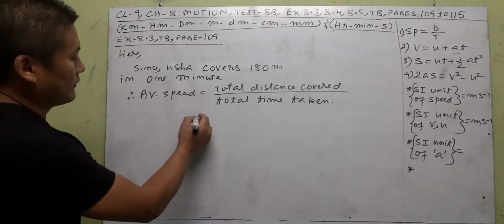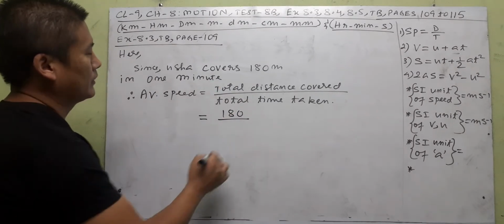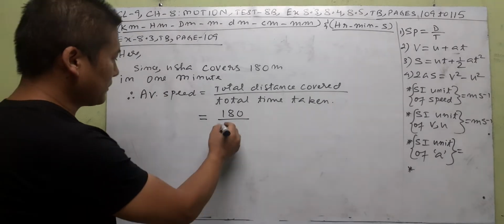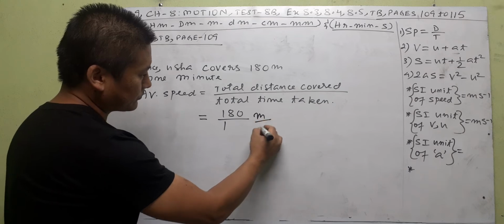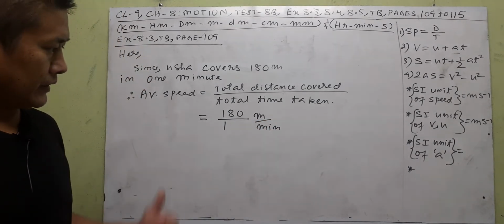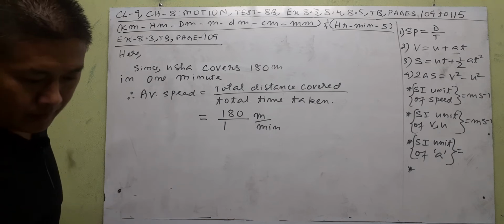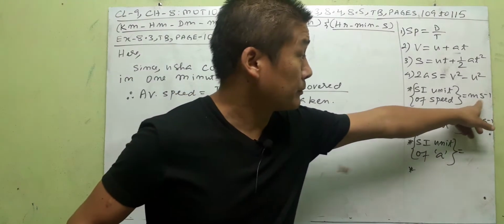So total distance covered according to the question here is 180 meter, and time is here 1 minute. So we write here 1, and so this is meter per minute. So next, that is equal to, we have to change it to the SI unit, and we know that the SI unit of speed is meter per second.